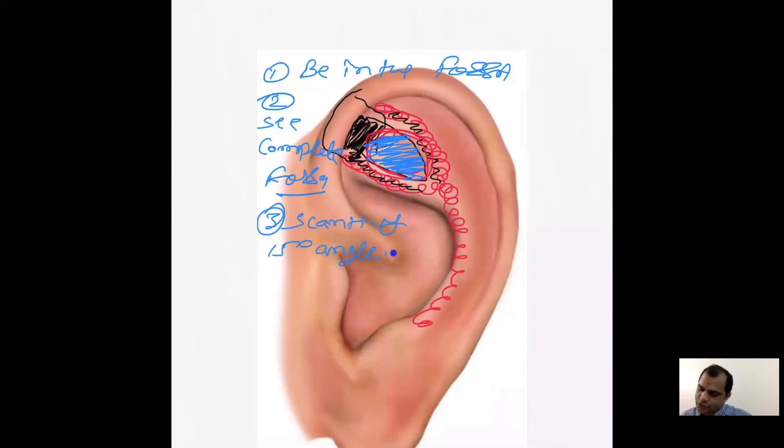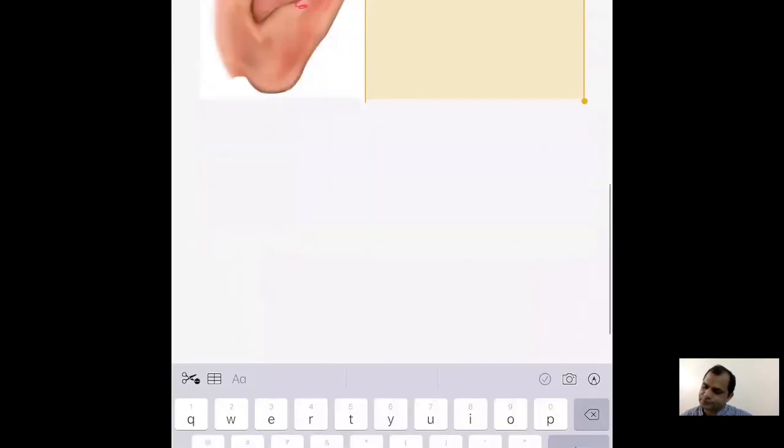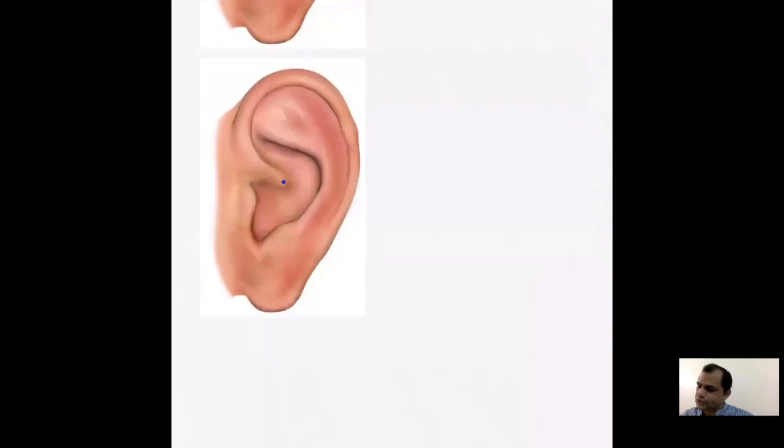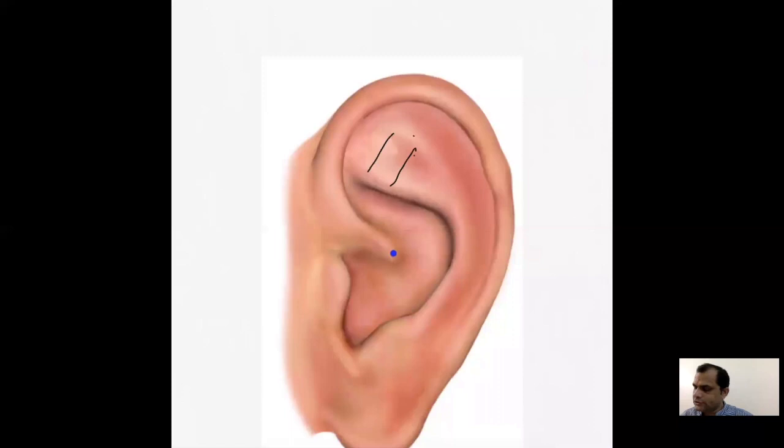The fourth mistake we make, which is very common and which we make only in the initial stage, is this. We have divided into three parts, and I said the upper is Shanman, or TF1.